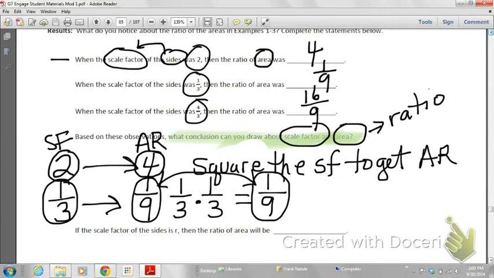But like we found out before, it worked when we multiplied by 2 for the first one, but then it didn't work with 1/3 to 1/9. Now it works for both. We always still have to check, so let's just check the last one. I'll check this one right here. Its scale factor was 4/3.